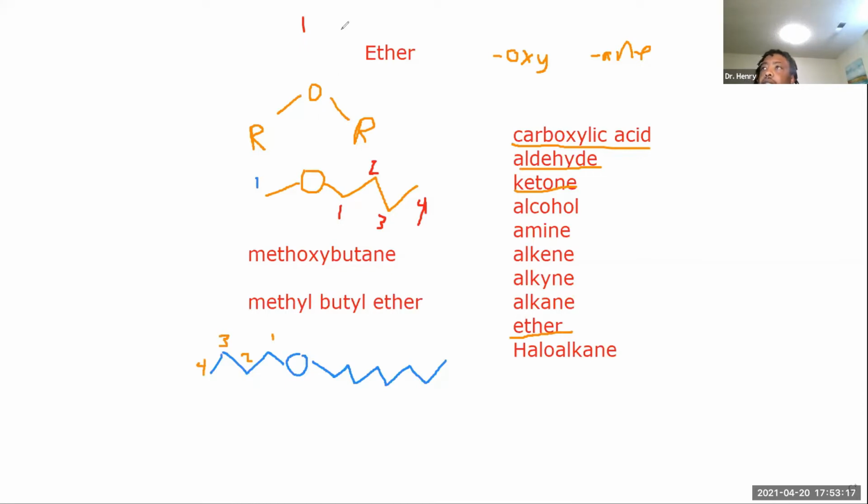That's correct. And on the other side, the octane? 1, 2, 3, 4, 5, 6, 7, 8. Okay, so then what would I call this guy? What are the two different ways of naming it?